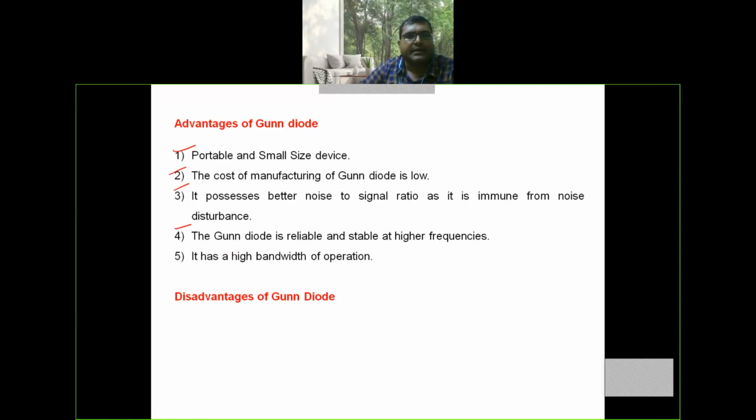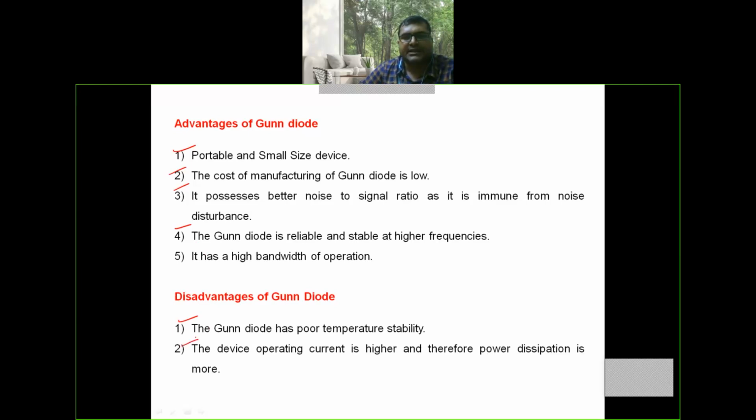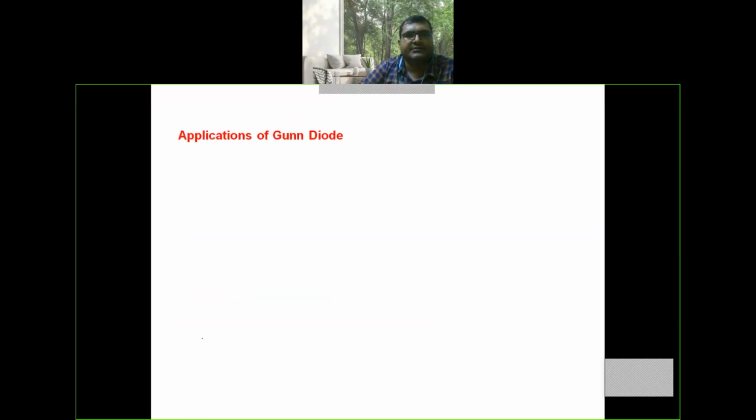It has a high bandwidth of operation. Disadvantages: the Gunn diode has poor temperature stability. The device operating current is higher and therefore power dissipation is more. The efficiency of Gunn diode is low below 10 GHz.